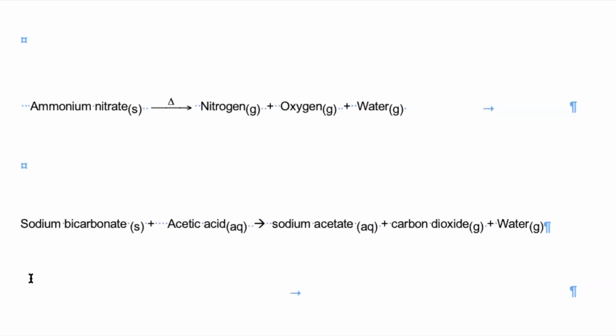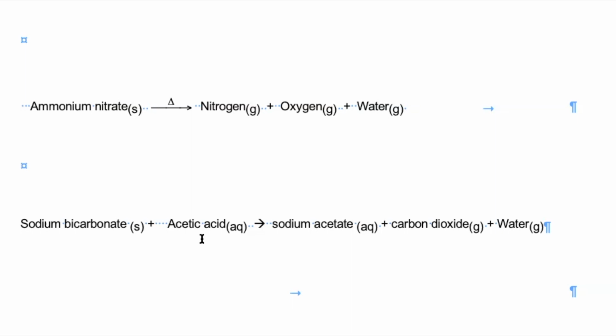Sodium bicarbonate, that's baking soda. Baking soda's NaHCO3, sodium bicarbonate. The bicarbonate ion is HCO3, okay? Acetic acid. Acetic acid is the main acid in vinegar. It's H, telling you it's an acid, and then the acetate ion is C2H3O2.